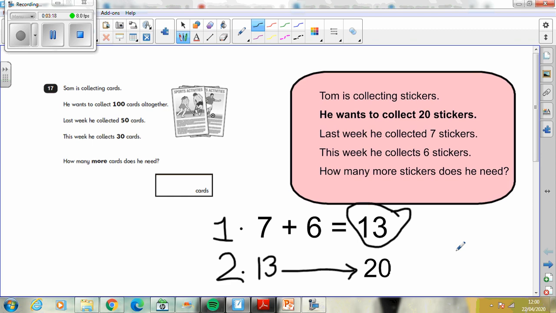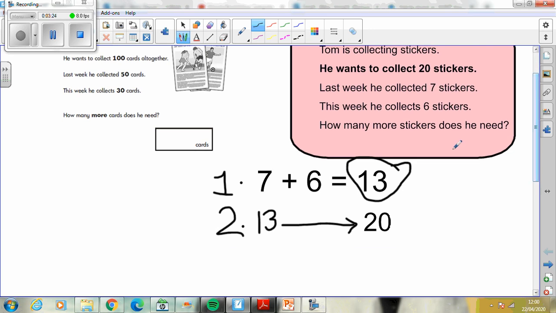Now, the children should be able to use their number bonds, or they should ideally recognise that from 13 you can count up very simply. So all we're going to do is create a number line to get from 13 to 20.